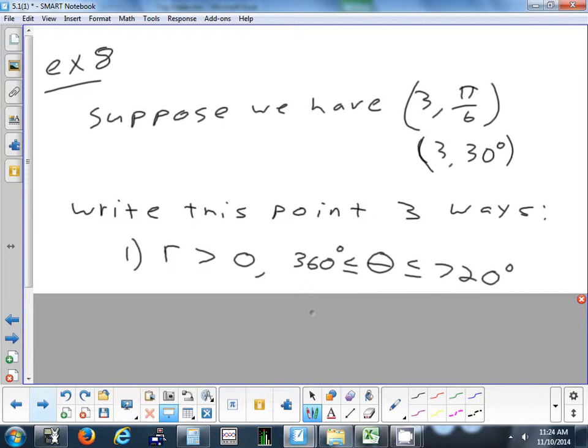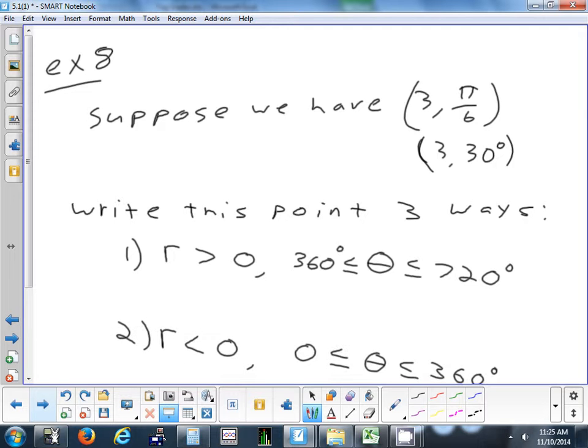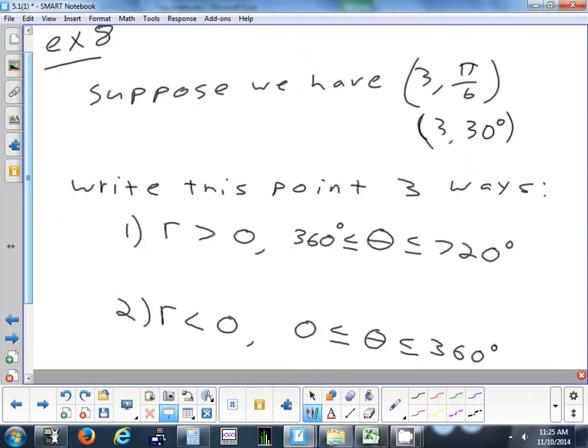All right, so the first way I want you to write this point is I want you to keep the radius positive, but I want the angle to be between 360 and 720. So you have to think how you could make this angle bigger without changing where you stop. Think about what you could add to that angle. Okay, second way I want to write it. I want the radius negative this time.